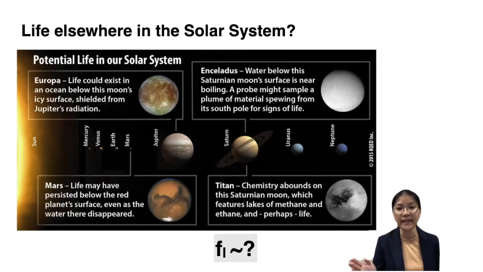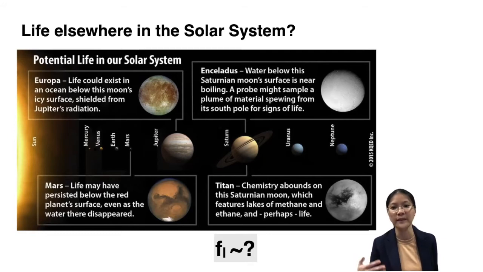And there are other candidates. Usually cited are these moons of Jupiter and Saturn, where life could exist in an ocean. So in Europa, life could exist in an ocean below the icy surface. Again, we don't know.